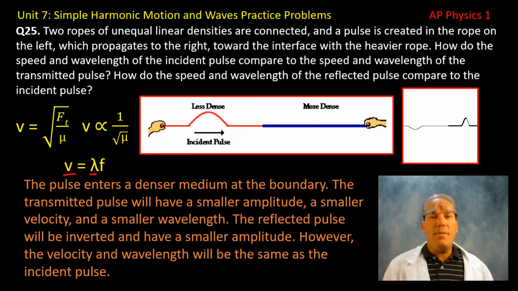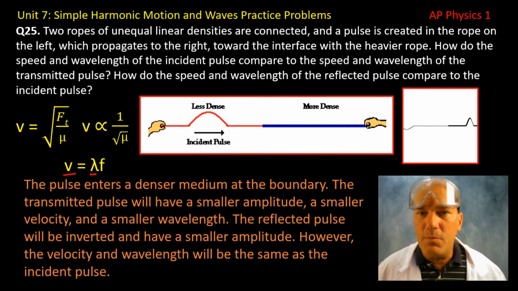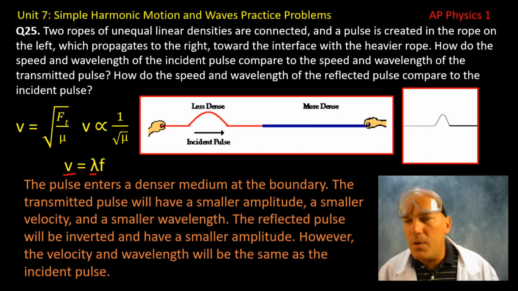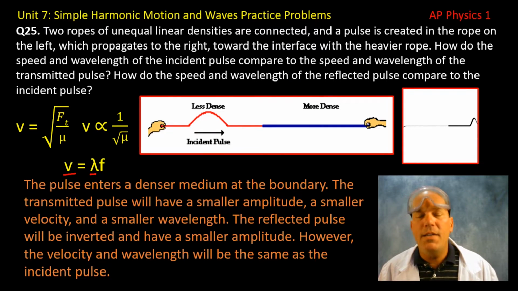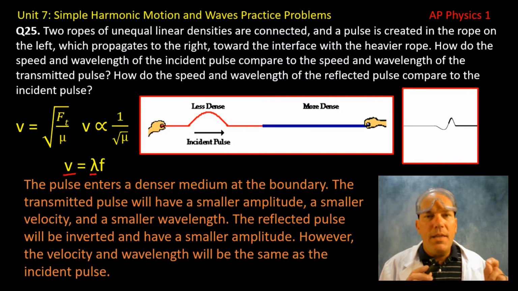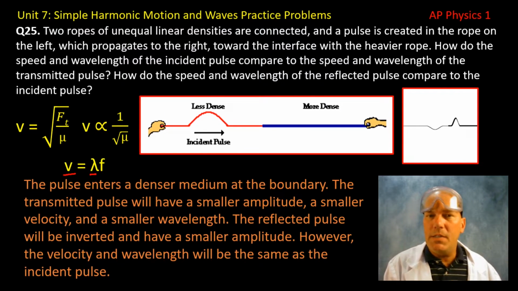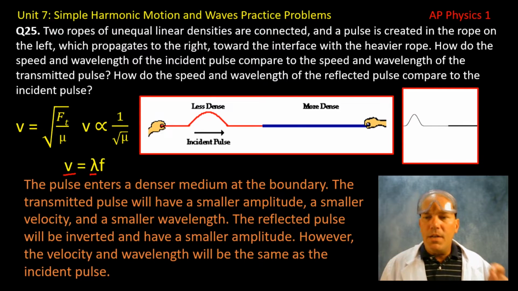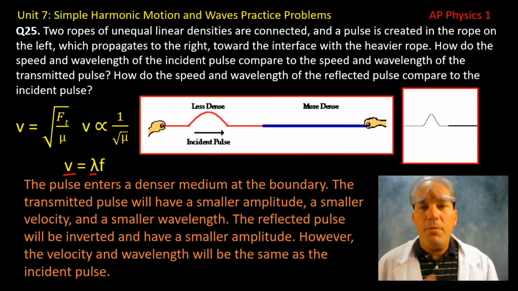Now let's look at the amplitude. The amplitude, the energy, the height of this wave. It appears to go down. And indeed it does. The energy is constant throughout. The frequency is constant throughout. Well, the initial energy in the incident pulse is now split between a transmitted pulse and a reflected pulse.